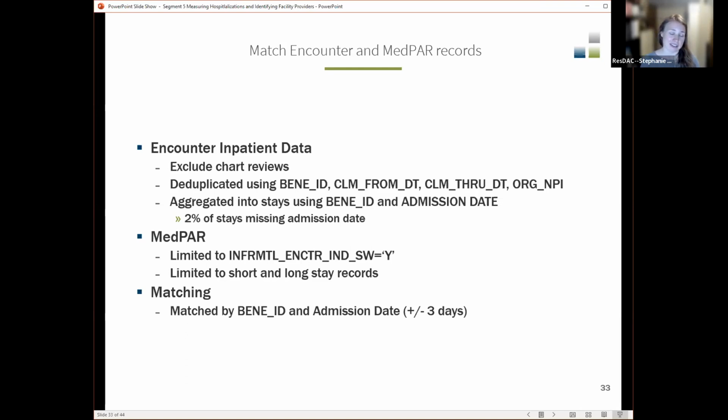When you're working with administrative data, you have to decide how much of a cushion you want, but we do find sometimes that dates are a little bit funny. So we did do that inclusion, and I don't remember the overall difference. It wasn't that different if we had less, but we wanted to be as inclusive as we could, so we weren't unnecessarily saying that a hospitalization did not match when it actually maybe did.